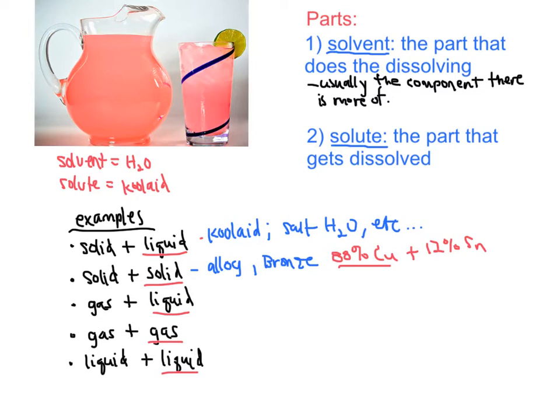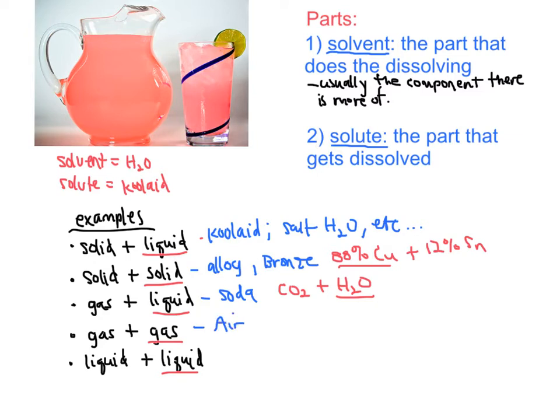You could have a gas dissolved in a liquid, like soda, Coca-Cola, Pepsi, things like that. The gas would, of course, be your carbon dioxide, and your water is your solvent. Okay, examples of a gas dissolved in a gas would be like our air.